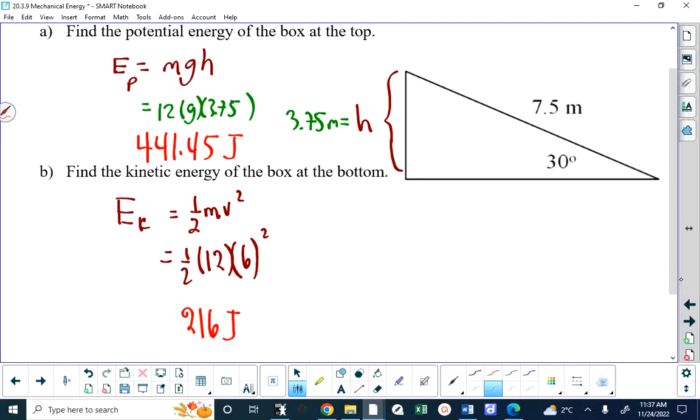Okay. So I'm going to ask a totally different question now. A student is asked, how much mechanical energy is there in the system? And the student adds these two numbers together. Why is that wrong?